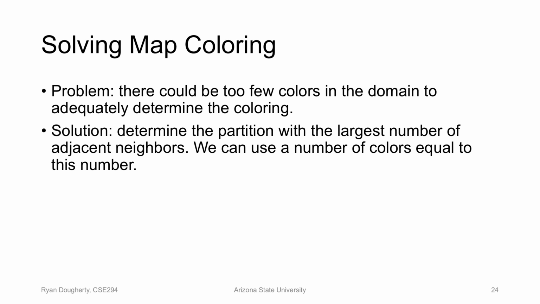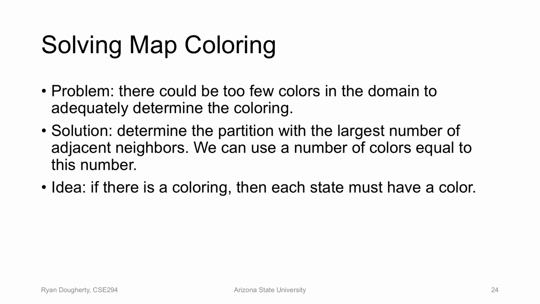So let's just say that this number is D. So we can just use the number of colors equal to the number of neighbors, right? Because if it's the largest number, then we don't need any more than that. So if there is a way to color the map, and if we add more colors, we obviously could color the entire map, then every state must be a color.